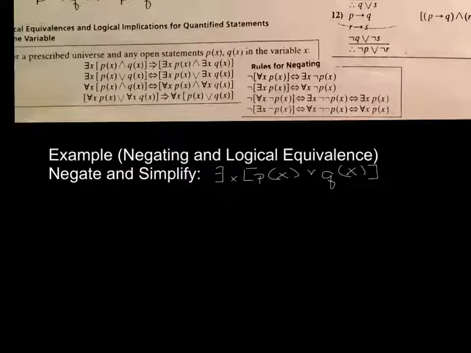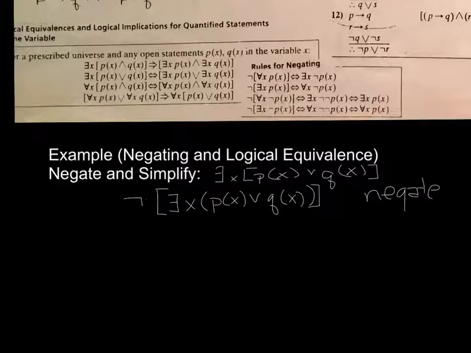Another example, we will negate and simplify the expression there exists an x such that p of x or q of x. Next, I'm going to use my rules for negating, and I'm going to use the rule for negating there exists. This rule says that to negate there exists, you're going to convert it to a for all and then a not p of x.